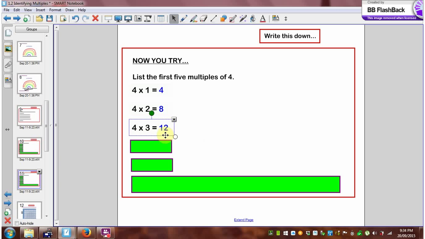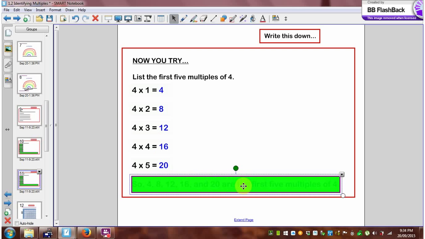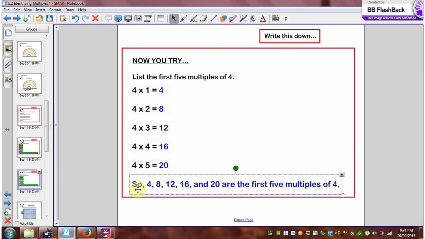So that's our next multiple, 12. 4 times 4 is 16. And we're looking for the first 5, so we need 4 times 5, which is 20. So, just to summarize that, 4, 8, 12, 16, and 20 are the first 5 multiples of 4.